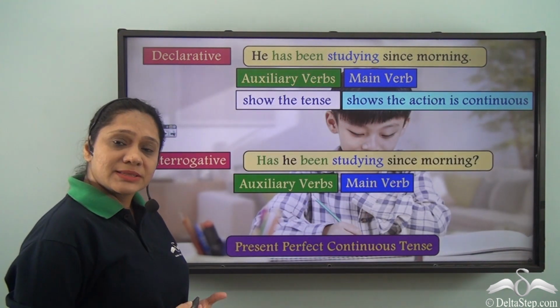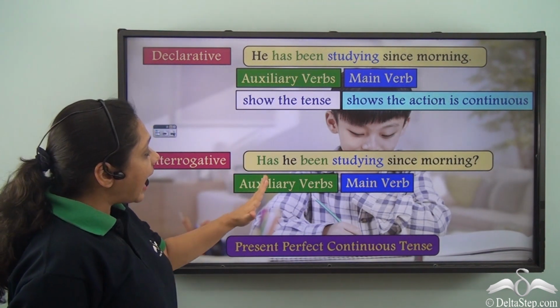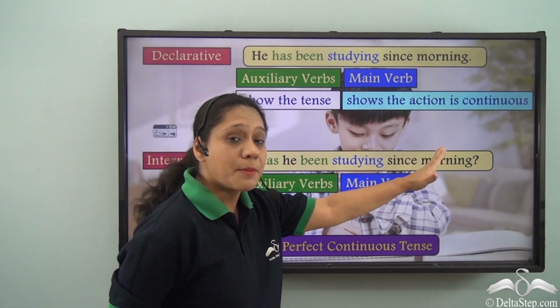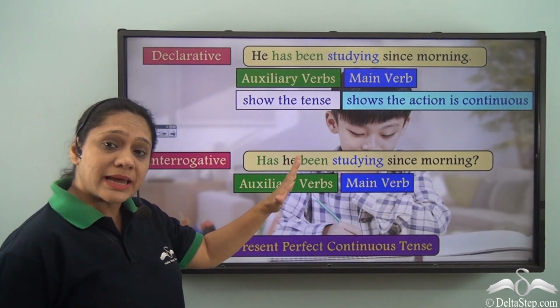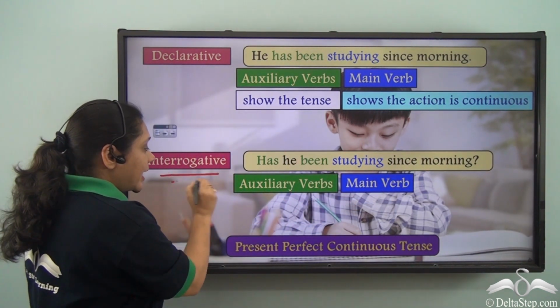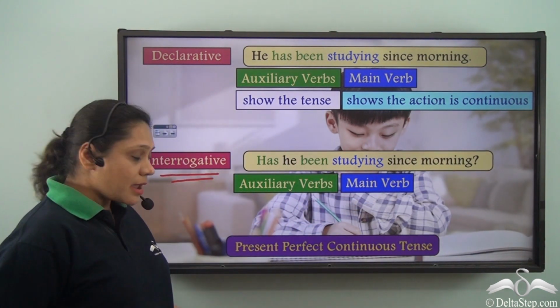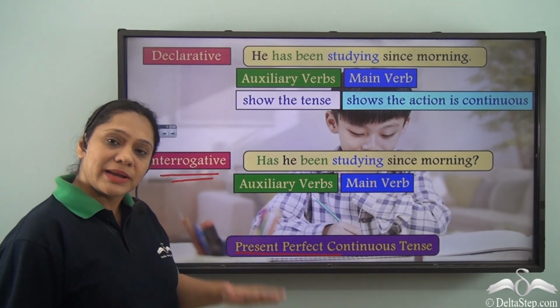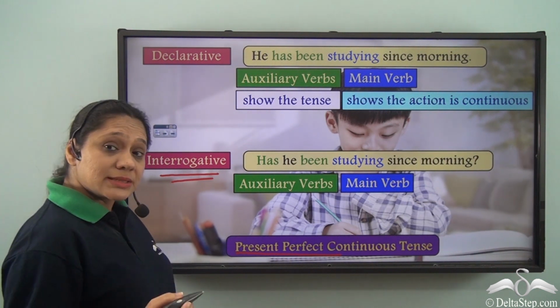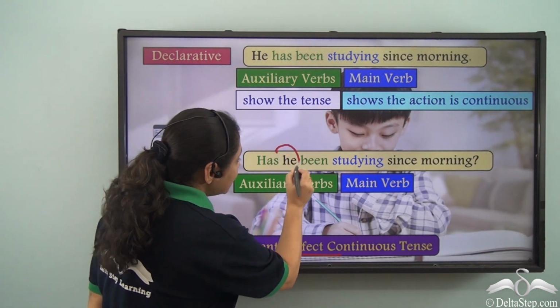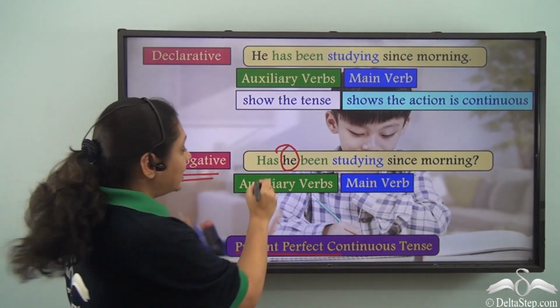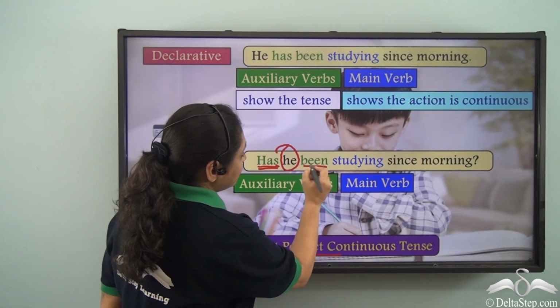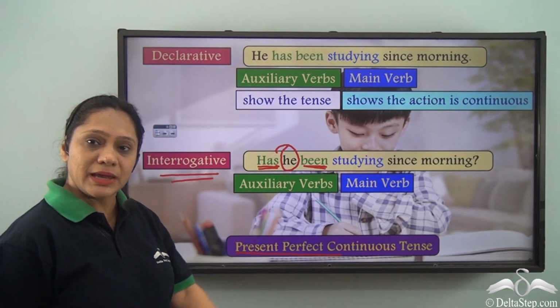Now if we have the sentence written as, has he been studying since morning, then this sentence becomes an interrogative sentence portraying the present perfect continuous tense. What have we done here? In this sentence, we have included the subject he in between the two auxiliary verbs has and been.